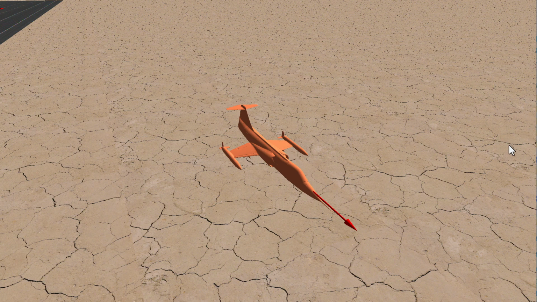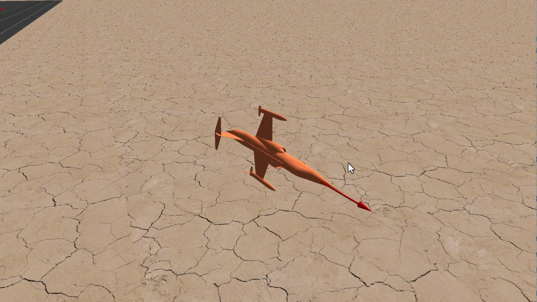Okay, so if I spin this F104 around the longitudinal axis, but once again, not perfectly, I have a little bit of omega in the other direction too, so there's a bit of a wobble.